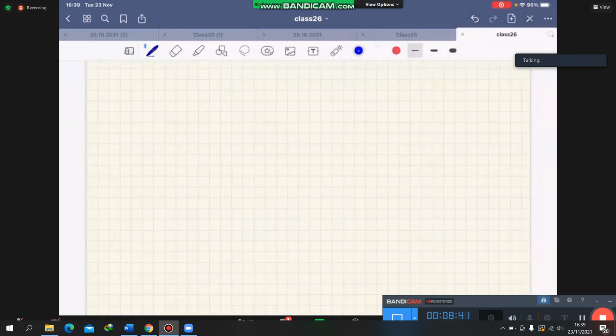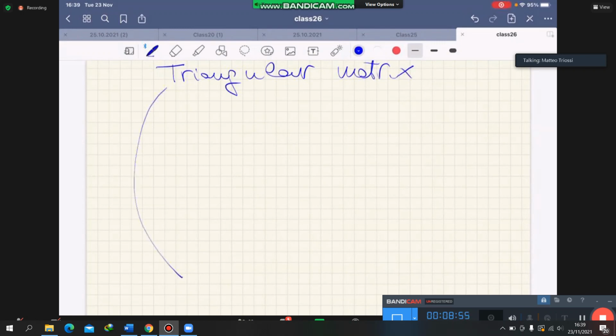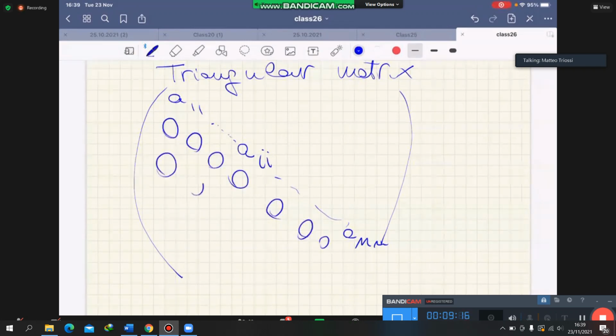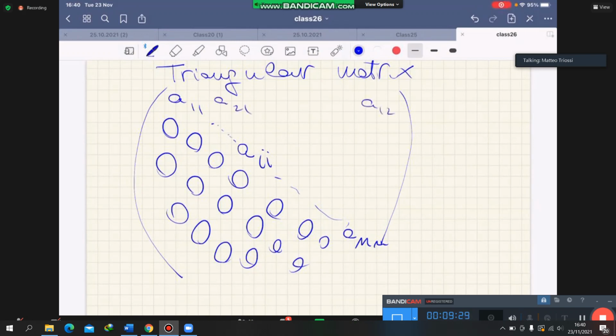And a triangular matrix. A triangular matrix, for example, is: here we have a_11, a_1i, a_1n, and below the diagonal everything is 0, and then you have a_12, a_2n.